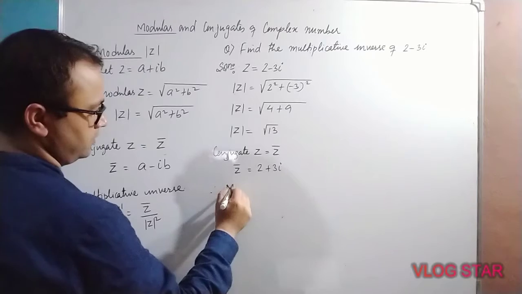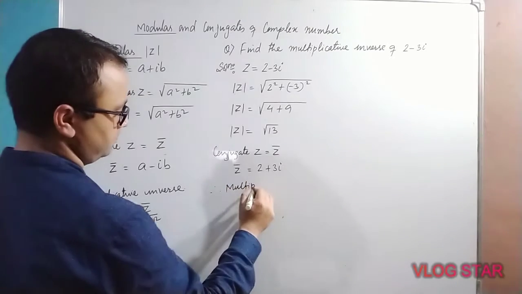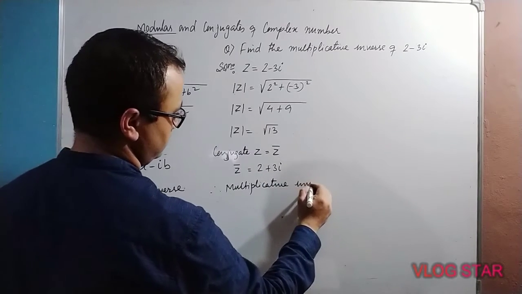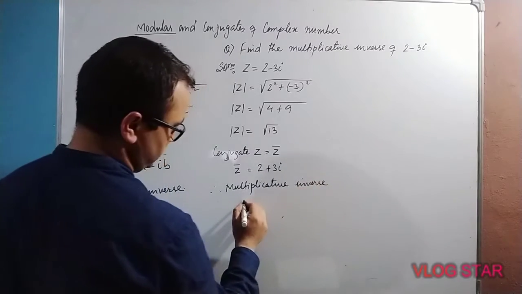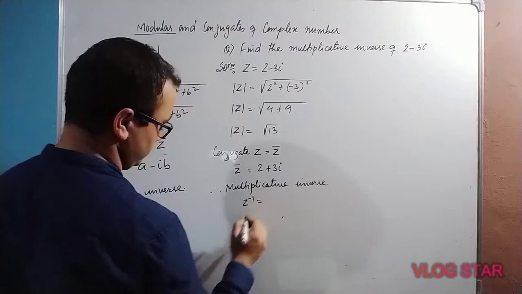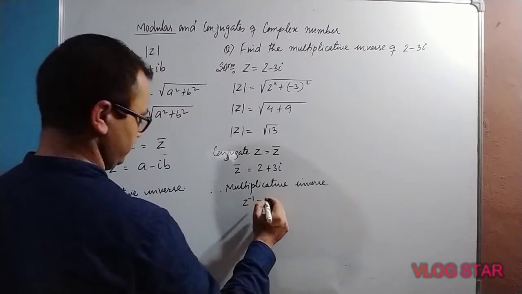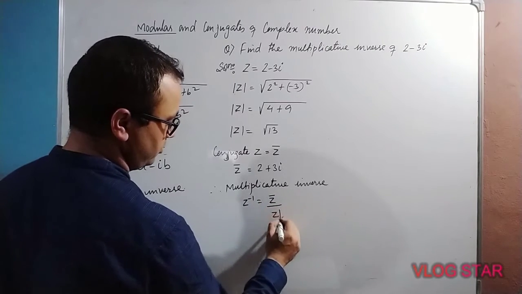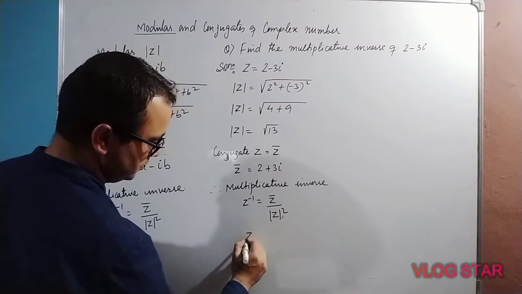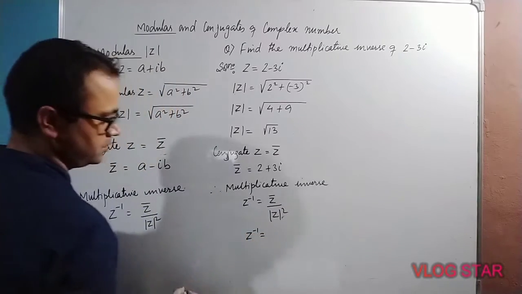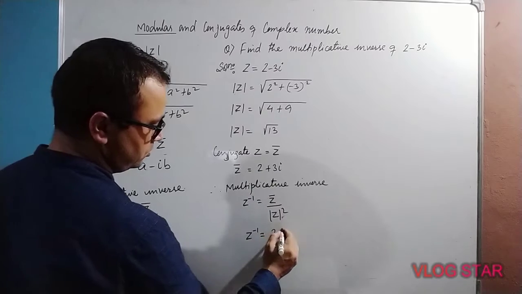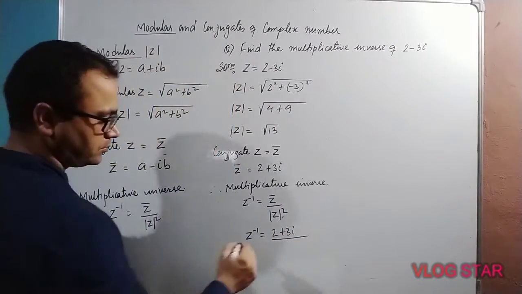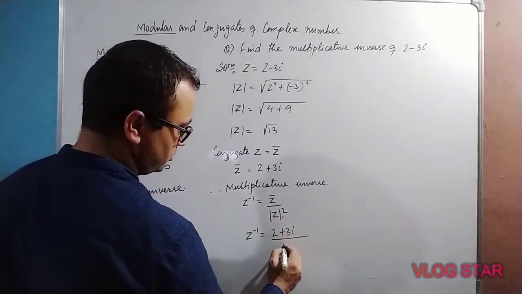Therefore the multiplicative inverse, z inverse, equals z conjugate divided by the square of the modulus, which is 2 plus 3i divided by root 13 square.